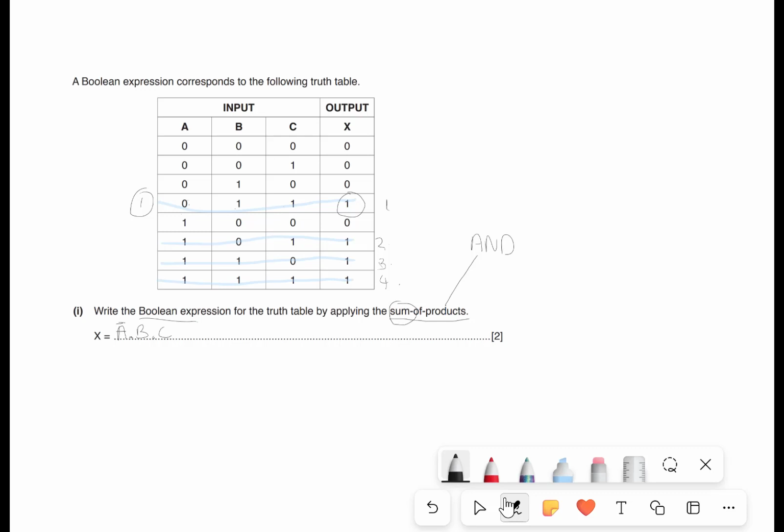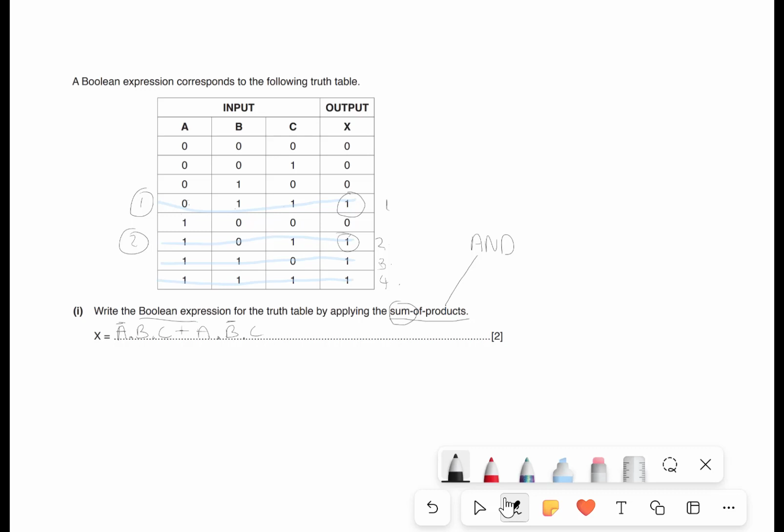Now we're going to do our second row, which is this one here, so row 2. So I'm going to say OR, so now we're going to do our sum, combining it with this, where we're going to say A is 1, and B is not 1, and C is 1.